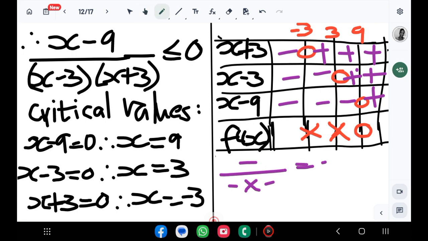So that gives us negative over negative times negative at the bottom, that's positive, and that gives us an overall negative. So it is negative here. Okay, let's use red, it's negative here.